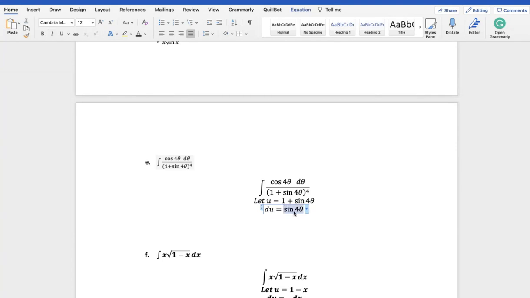So you have cos 4 theta, but now multiplied by the derivative of the inside function in terms of theta, which is just 4. So you have 4 there. And this is multiplied by d theta.